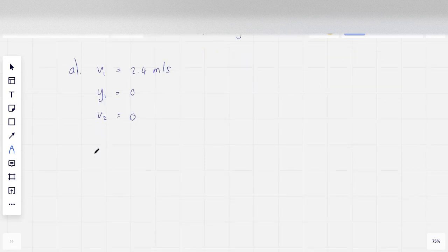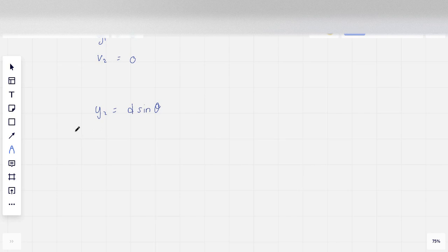So we know that y2, its final position, is equal to d sine theta. And we need to solve for d, where d is the distance it travels up the slope.